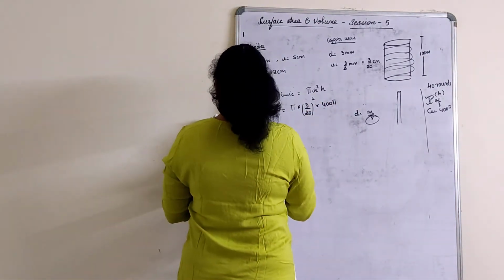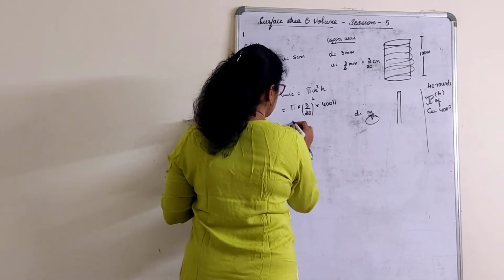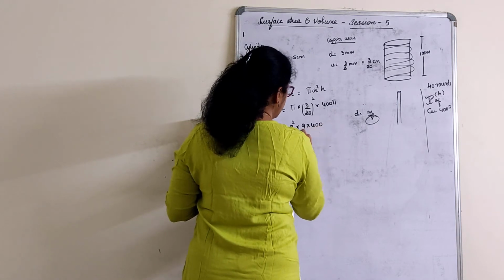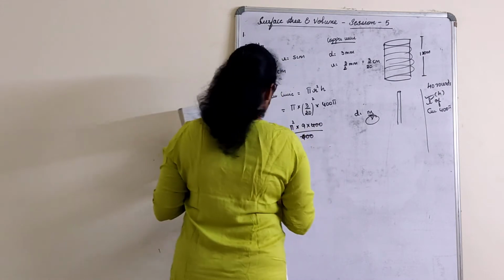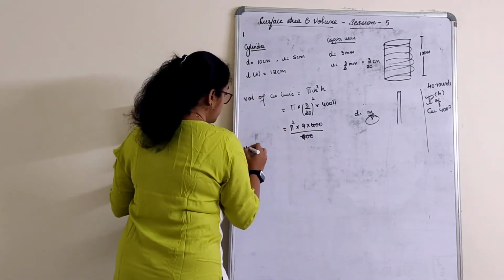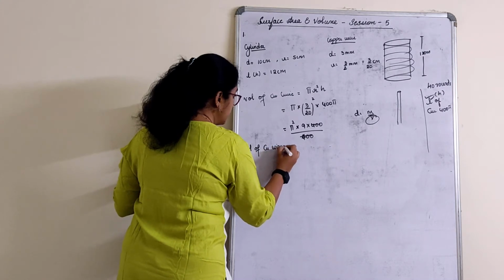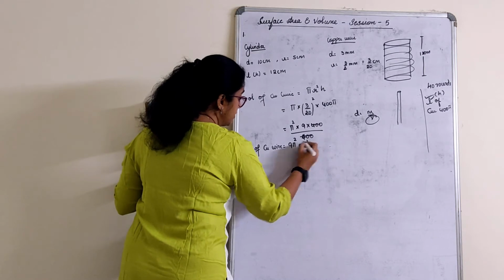So keep this pi square as this. Pi square into 9 into 400 divided by 400. Cancel. So volume of copper wire is equal to 9 pi square centimeter cube.